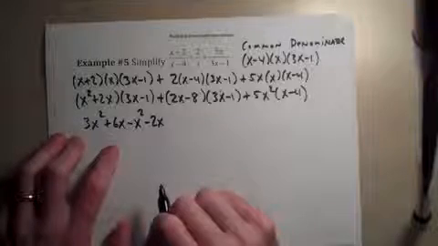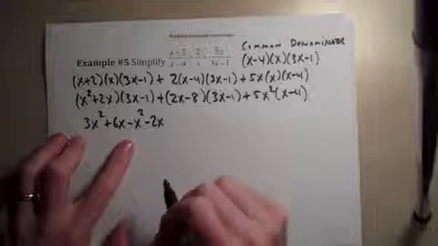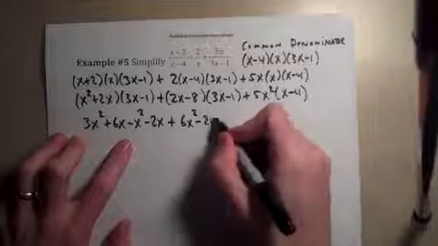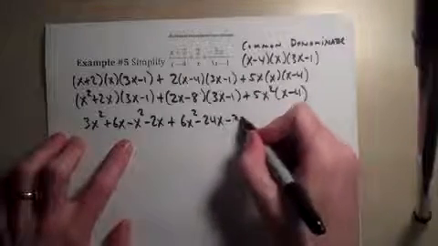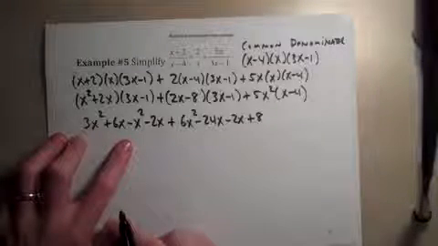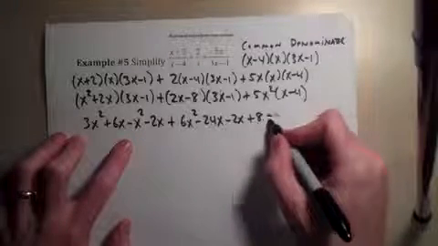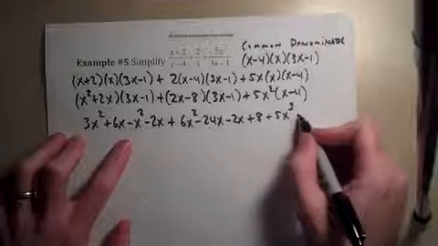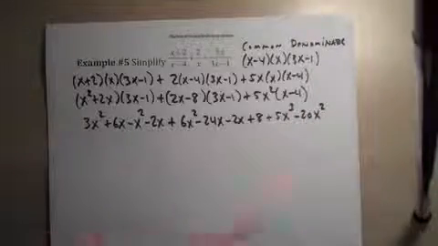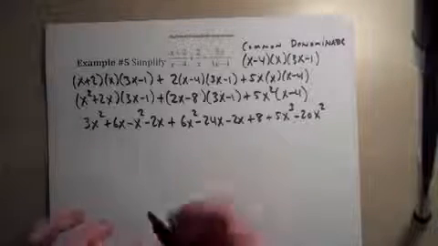Three x squared plus 6x minus x squared minus 2x plus 6x squared minus 2x minus 24x plus 8. Okay, that whole mess simplifies to this.